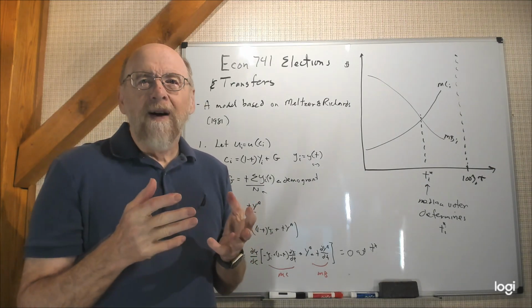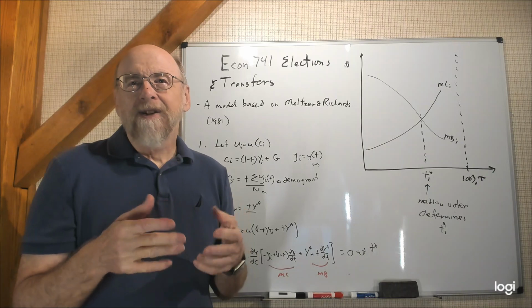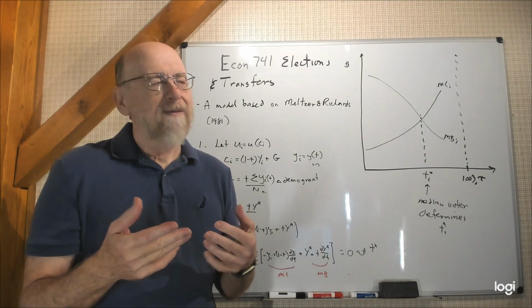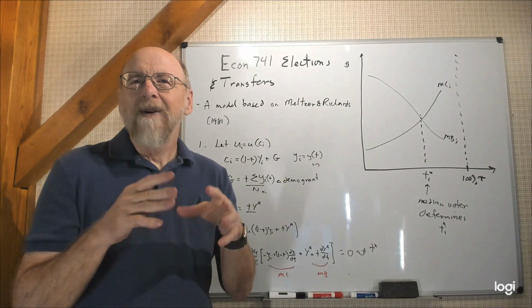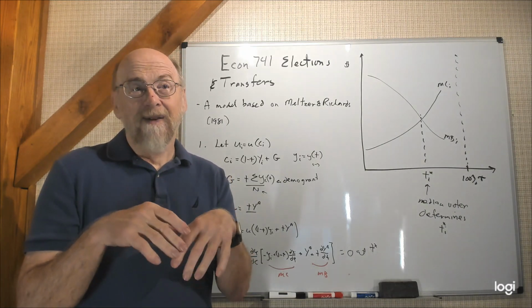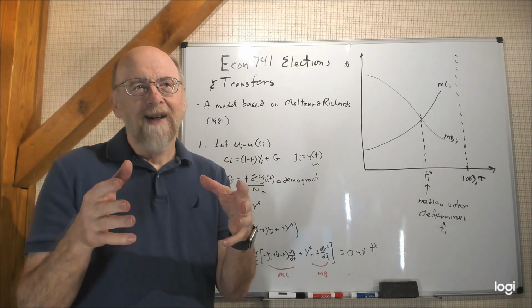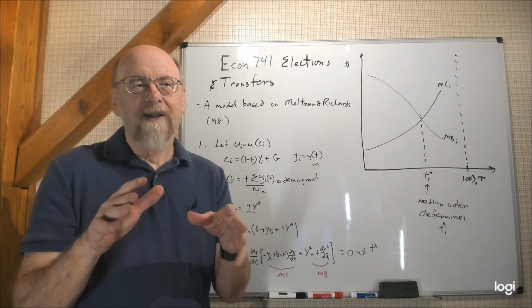So in the recent literature, say in the past 20 years, well after Meltzer-Richards were writing, there's been an increasing concern on the effect of inequality on economic growth rates.